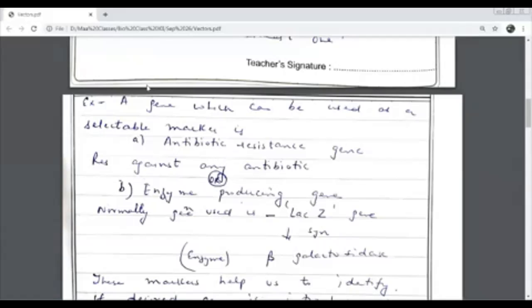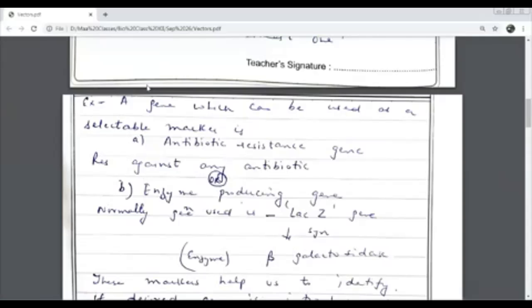Out of so many genes, I want to identify just my gene, the one which I inserted, the gene of interest. Whether it has entered the host, whether replication has happened, how many copies are being made of the gene, and where the copies are present.